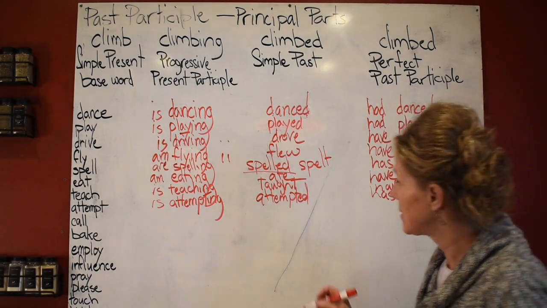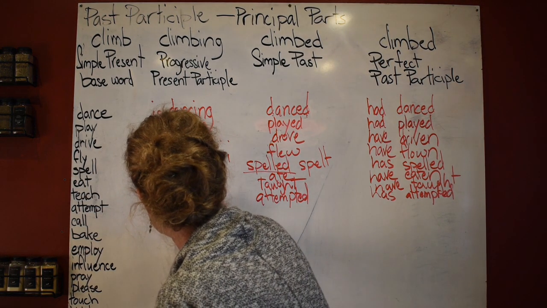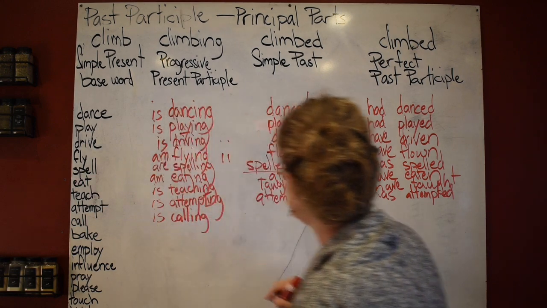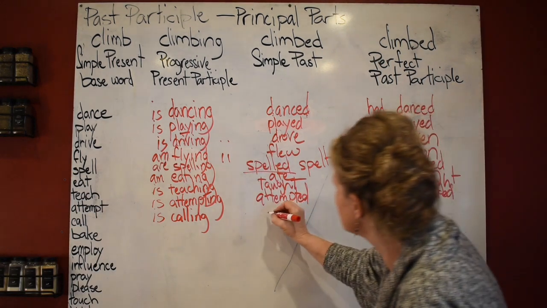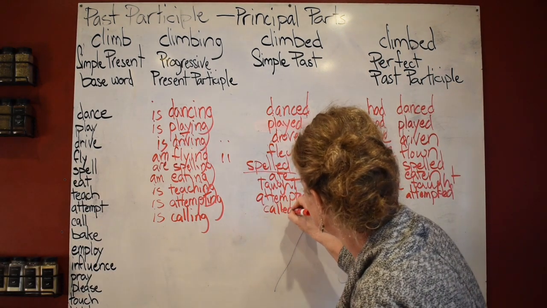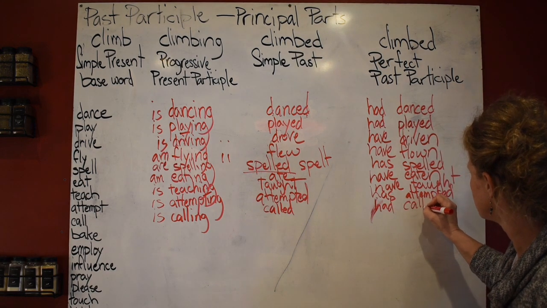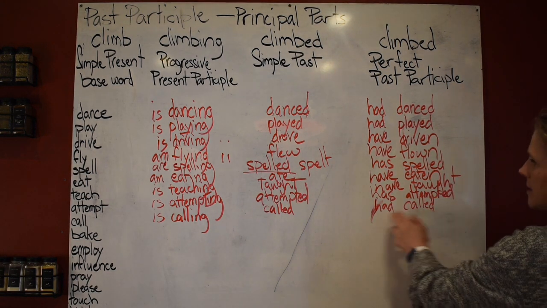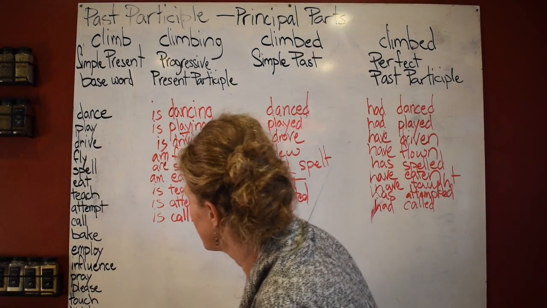Call. Is calling. Okay, is calling. Third person. What about here? Called. Called. Had called. Just going to add the ed right on. There's not a spelling rule with that word.